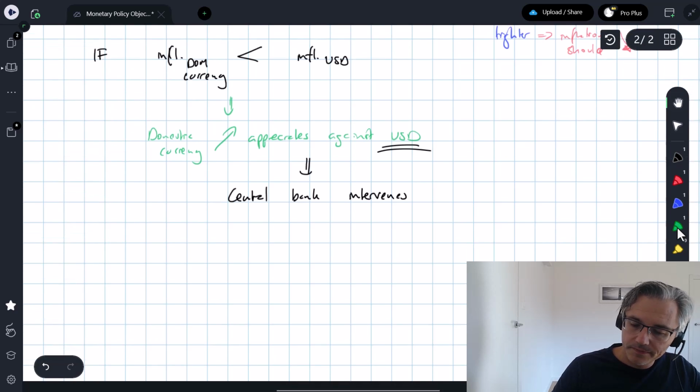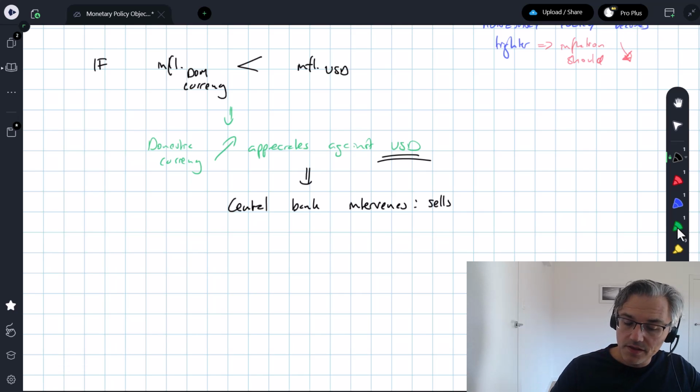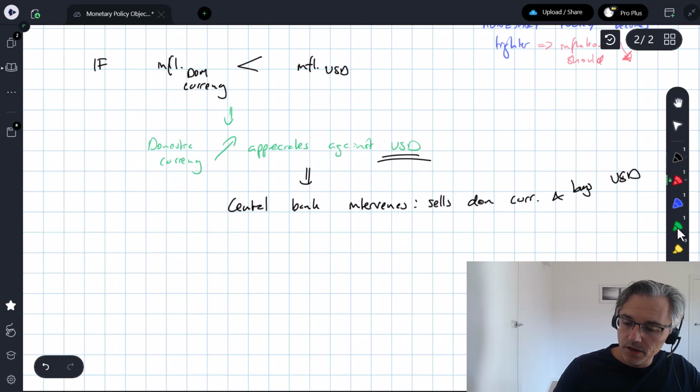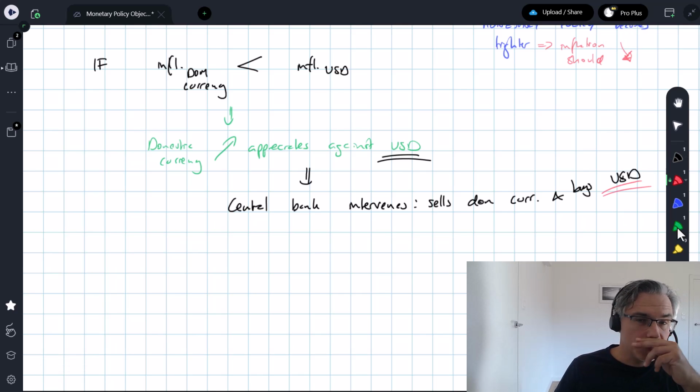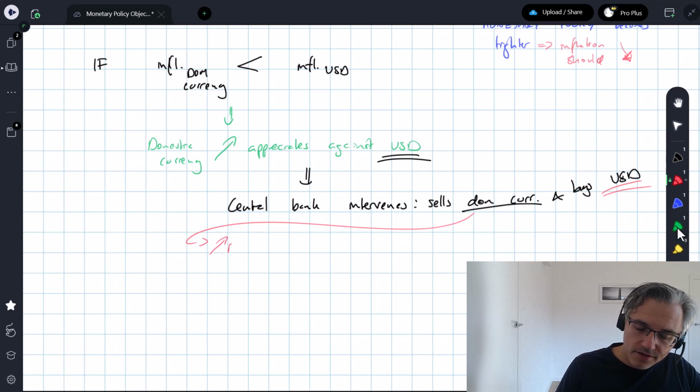This time it will sell the domestic currency and buy the USD, and by buying the USD you increase your foreign reserves at the central bank, but selling the domestic currency into the market increases money supply.